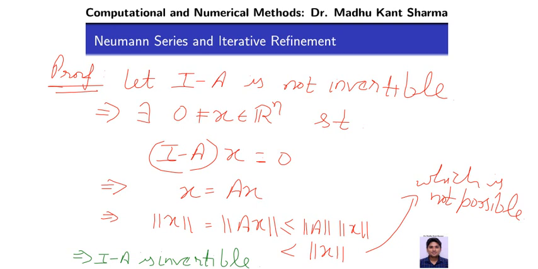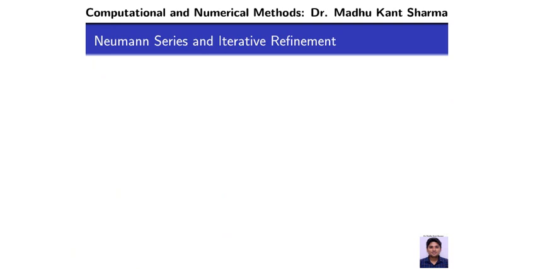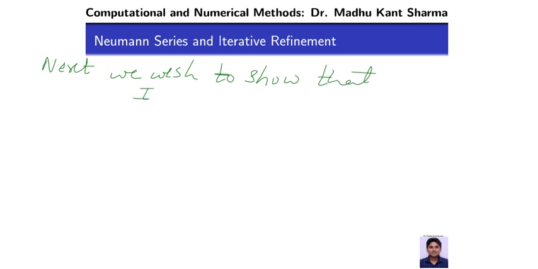Now let's get that series convergence. Next we wish to show that (I minus A) inverse is equal to the sum over k from 0 to infinity of A to the power k.